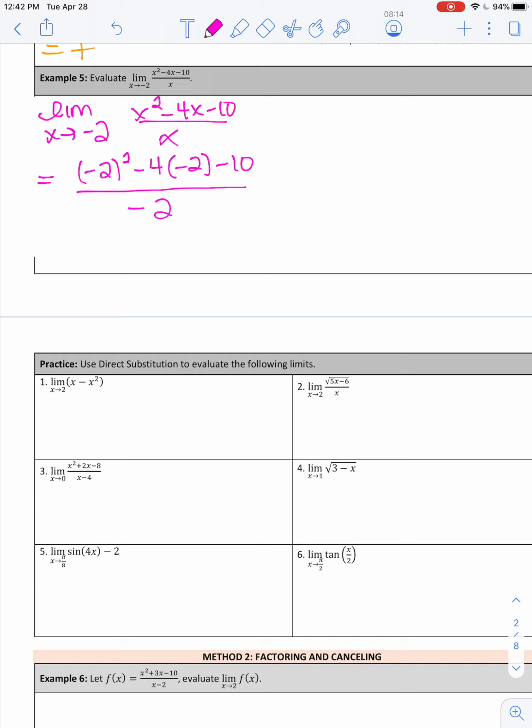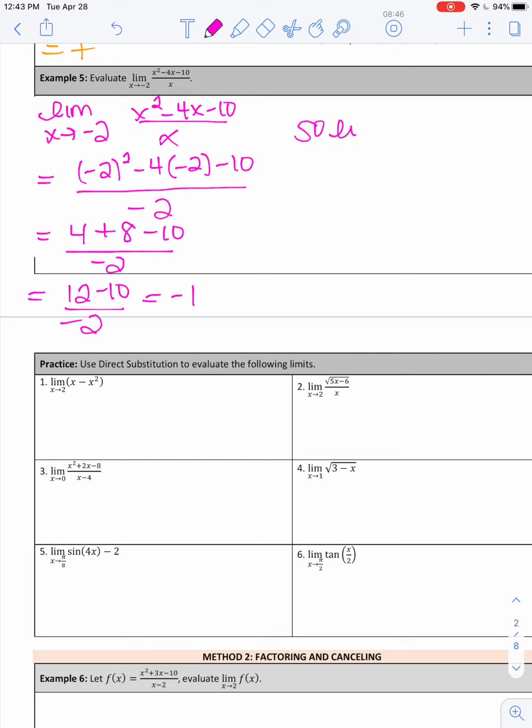Here we just really have to be careful with all of the negatives, right? We know a negative squared is going to be positive. We have negative 4 times negative 2, which would give us a positive 8, and then minus 10 at the end, all divided by negative 2. We can simplify that numerator to be 12 minus 10 over negative 2, and furthermore, we can simplify that to be 2 over negative 2, which will be negative 1.